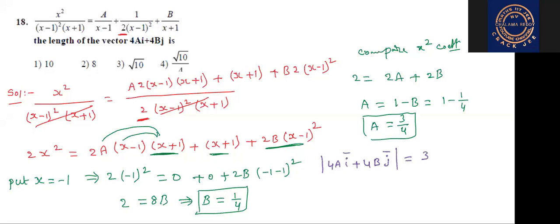Directly I am writing 3i plus 1 into j. What is length of the vector? Under root 3 square 9 plus 1, that is root 10. Third option correct.